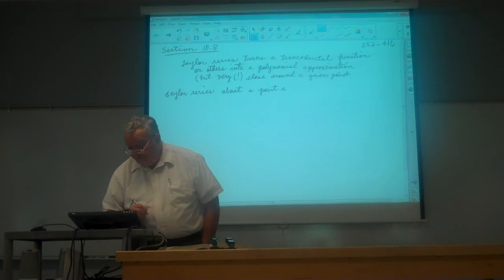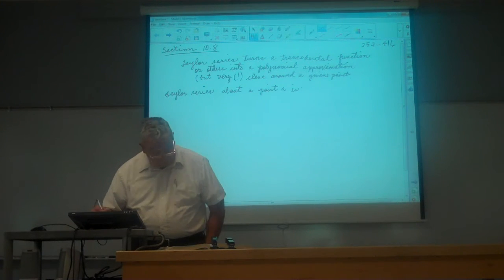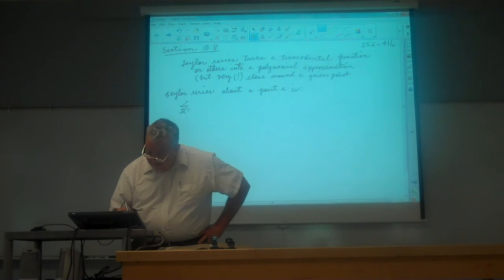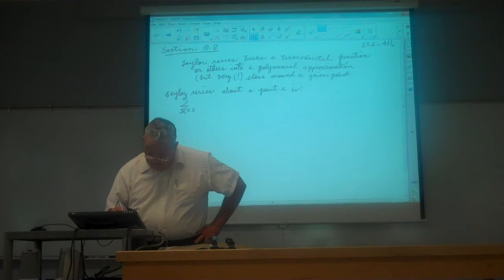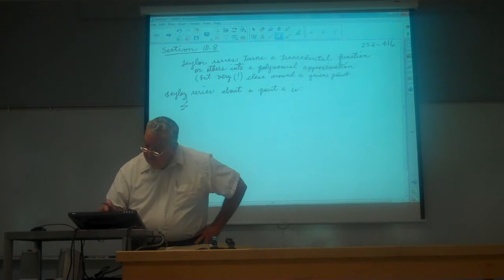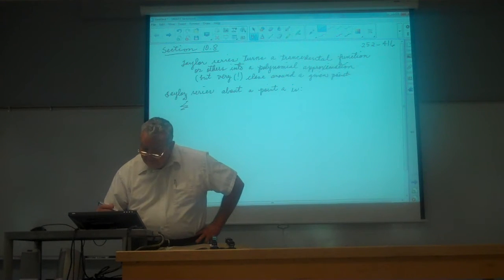A Taylor series is, and they start them at 0 in this book, the sum as n equals 0 to infinity of, maybe using k, I'm trying to do it the way they do it. There's a whole bunch of different ways of writing these.